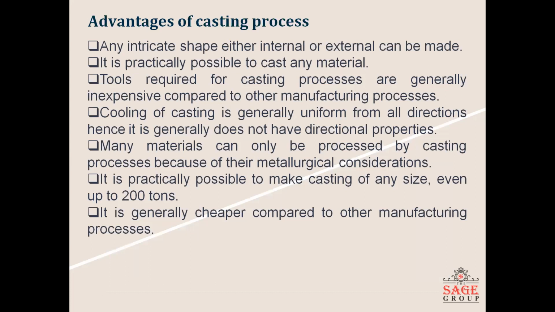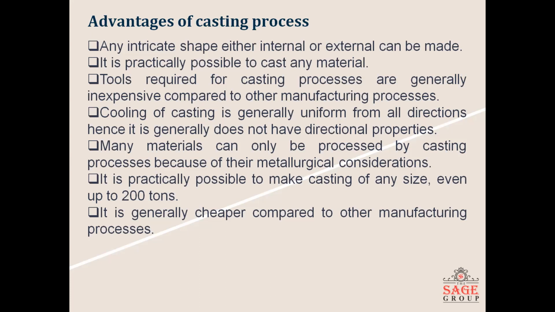Now, advantages of casting. An intricate shape, either internal or external, can be made. Tools required for the casting process are generally inexpensive compared to other manufacturing processes. It is practically possible to cast any material. Castings are generally uniform in all directions, as they do not have directional properties.